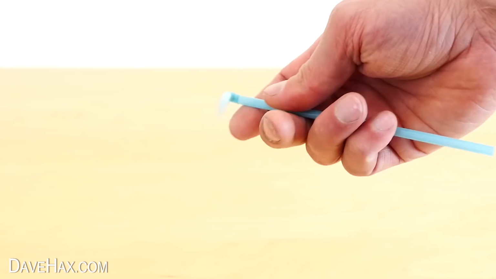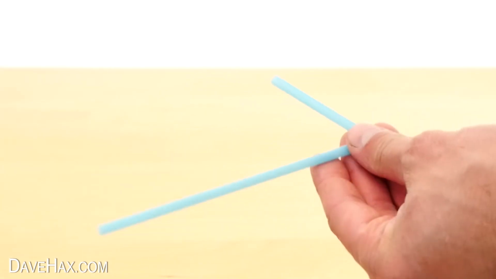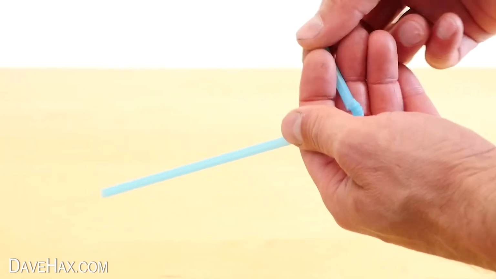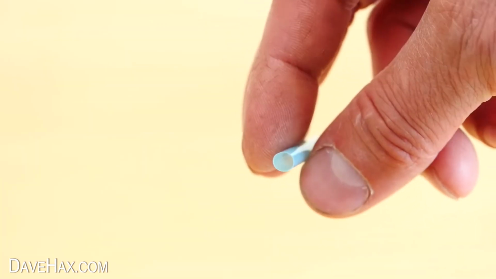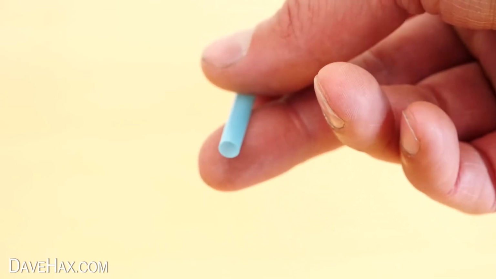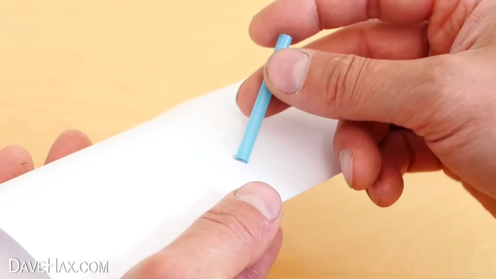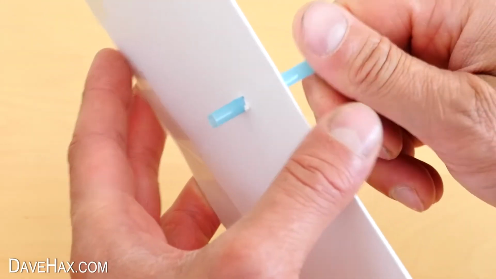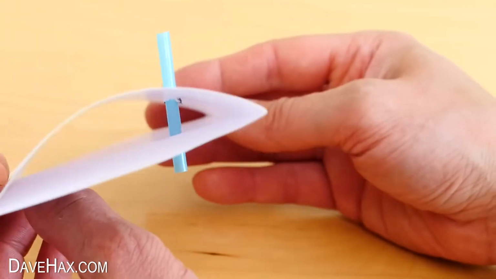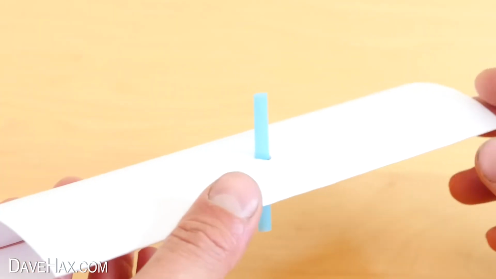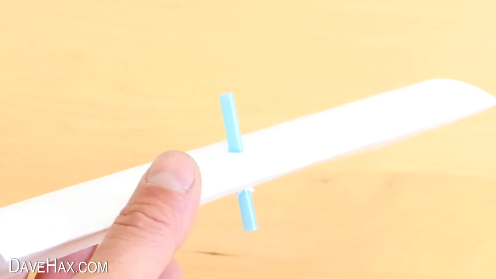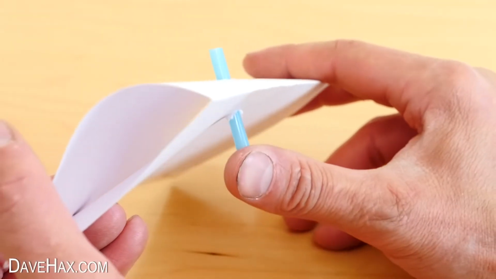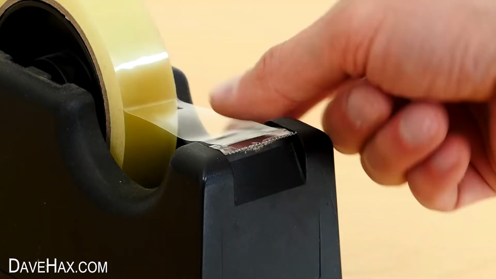Next I took a drinking straw, chopped a piece off, and threaded it through the holes in the wing, like this. And I held the straw in place with some thin strips of tape.